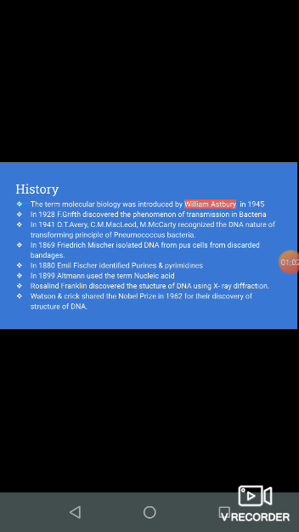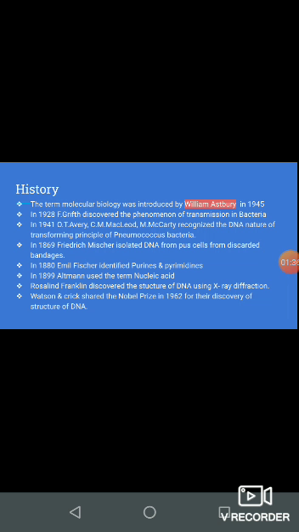In the year 1928, Griffith discovered a phenomenon, the transformation. This is the first experimental evidence to support DNA as the genetic material.